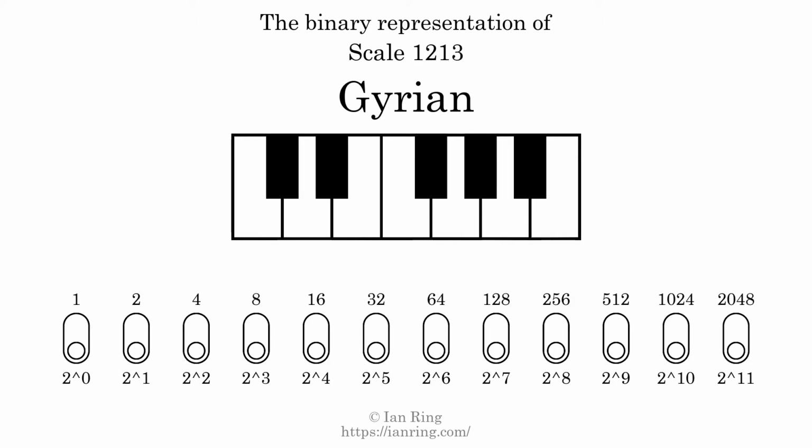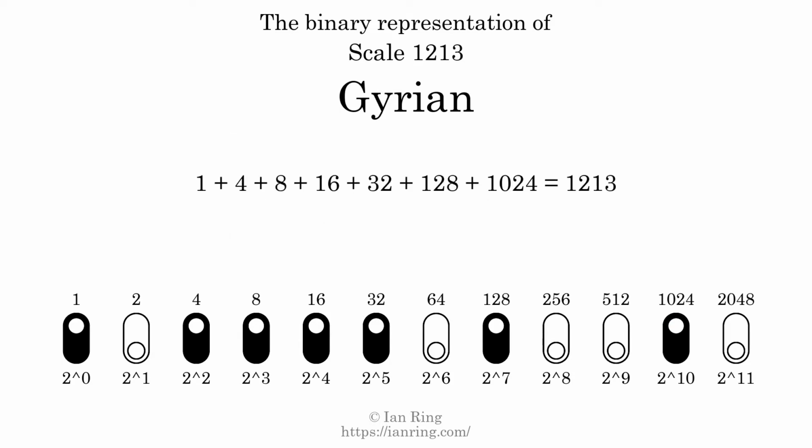The binary representation of this scale is determined by mapping tones of the scale to binary digits. Each binary digit represents a power of 2. To get the scale number, we add the powers of 2 together. The powers of 2 that are present in the scale, all added together, equals 1213.